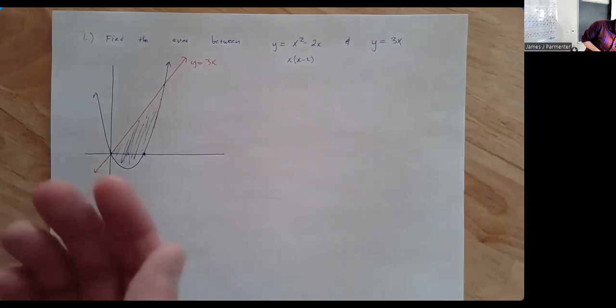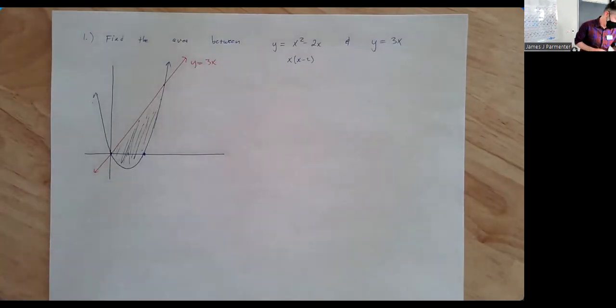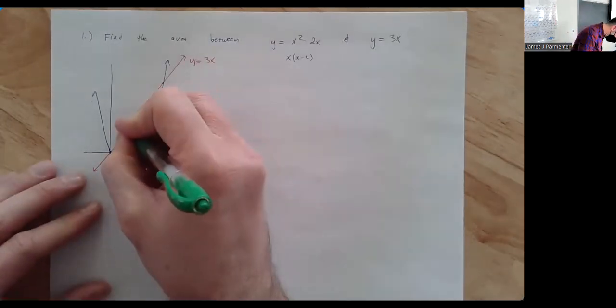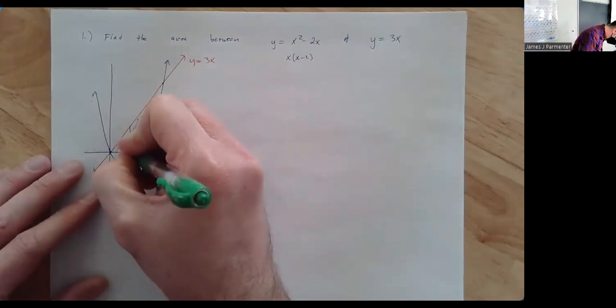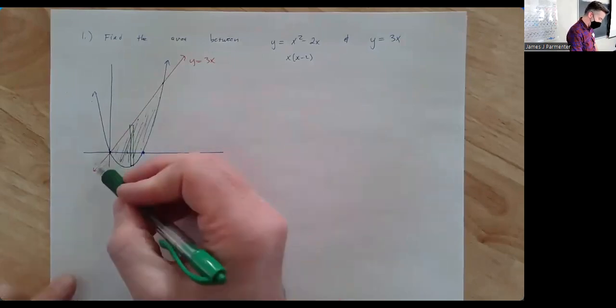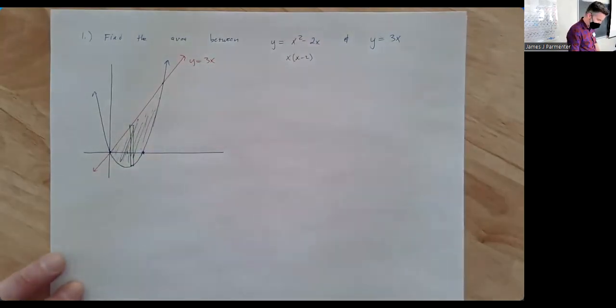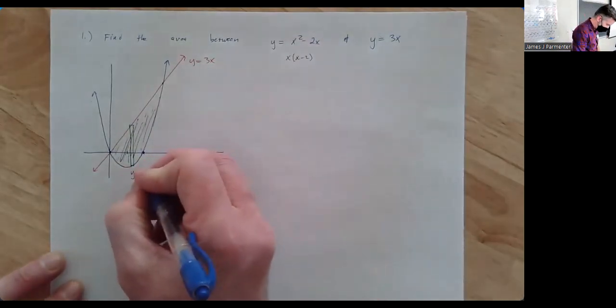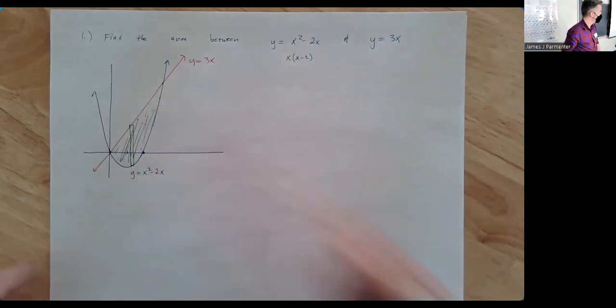I will say a very general statement, which is that you want to try to draw a strip, if you can, whose ends are always the same function, meaning here I would prefer to draw a vertical strip because no matter how far left or right I slide this strip, the top function is always y equals 3x and the bottom function is always y equals x squared minus 2x.